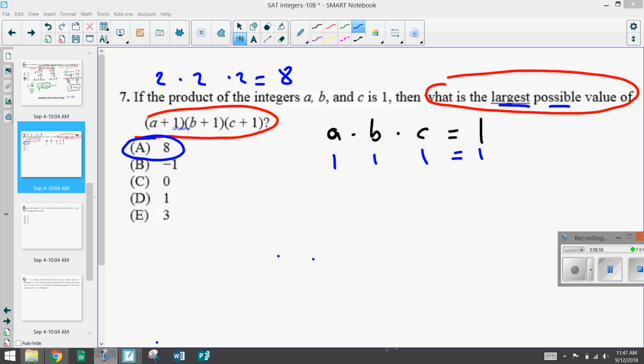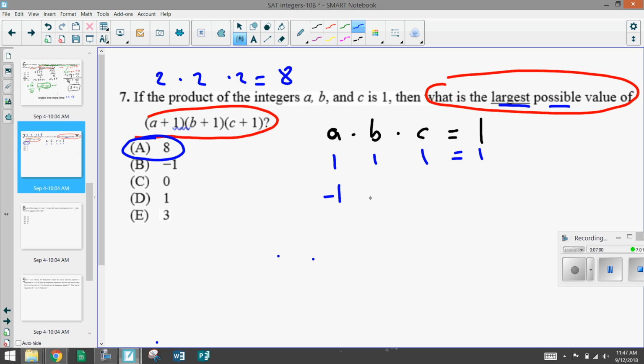So we got the right answer, but this is one possibility: 1 times 1 times 1. Can I do this? -1 times -1 times positive 1. That'll be 1 because negative times negative is positive, and positive times positive is positive. That works. Let's try this. A is -1 in this case.